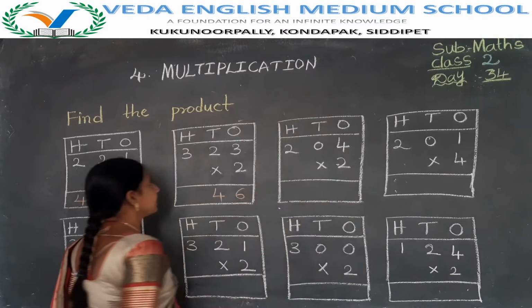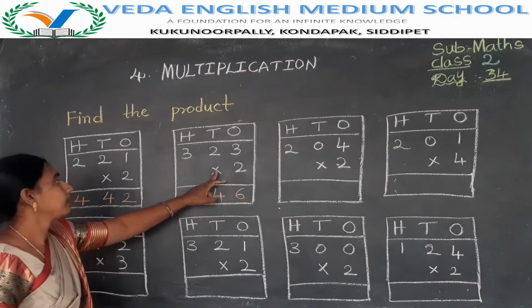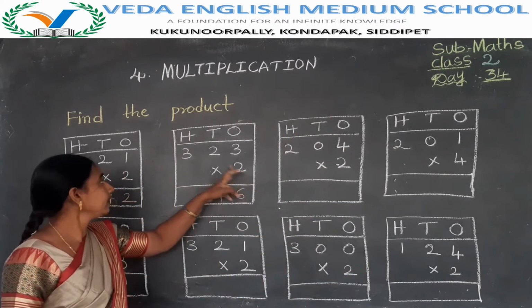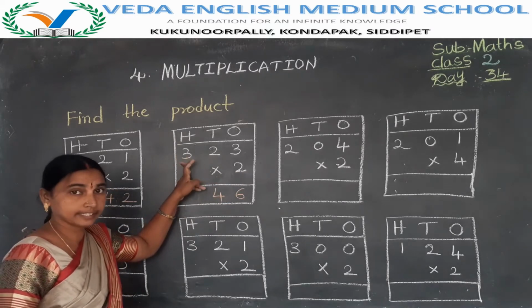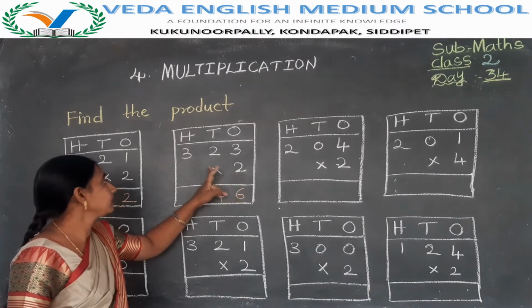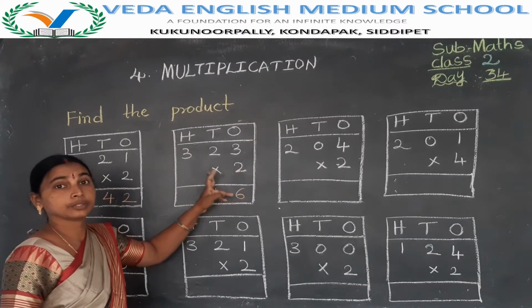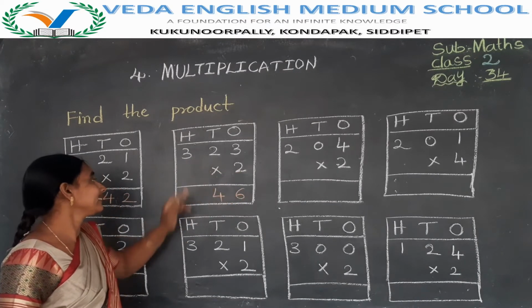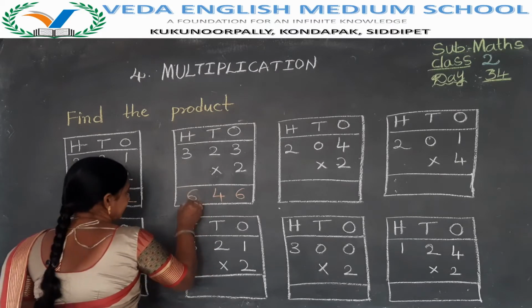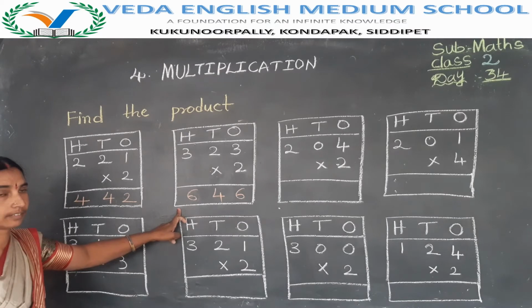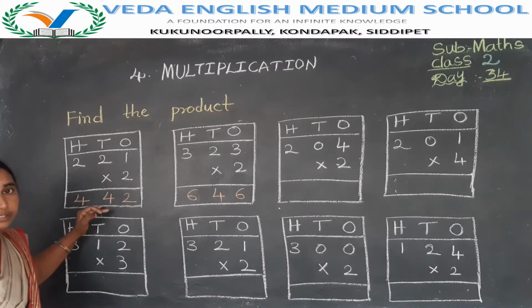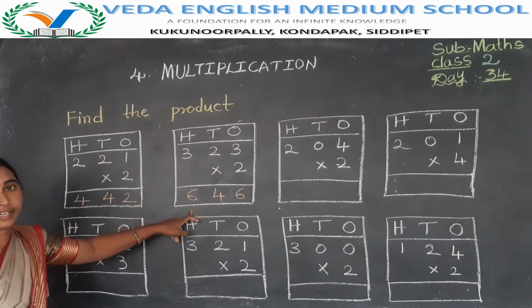Same as this. See Nana. Multiply digit 2 in the hundreds place by 3. That means 2 into 3. 2 threes are 6. These problems are without carrying. Is any carrying coming? Without carrying.